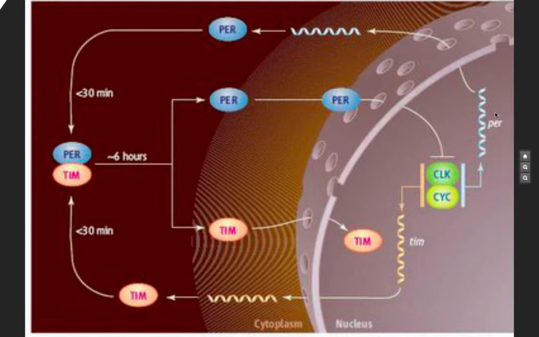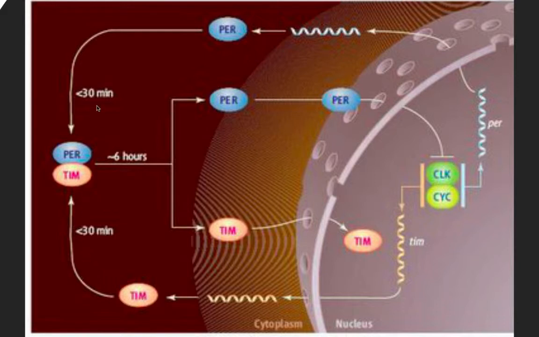In the nucleus, we have the transcription of period and timeless, shown here in blue and yellow, or this pinkish color. As this DNA is transcribed and then that mRNA is translated to the period protein, shown here as PER in capital letters, and TIM for timeless in capital letters, these proteins are able to be present in the cytoplasm, but alone they are inactive.